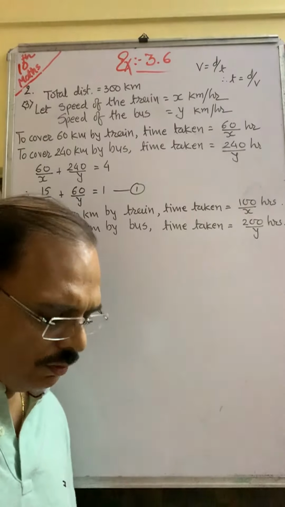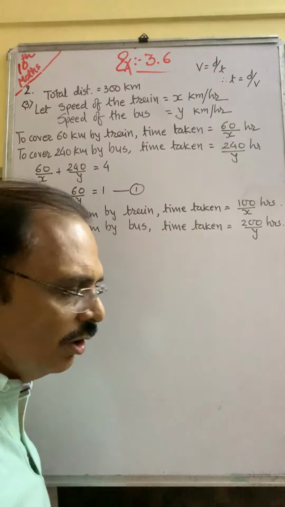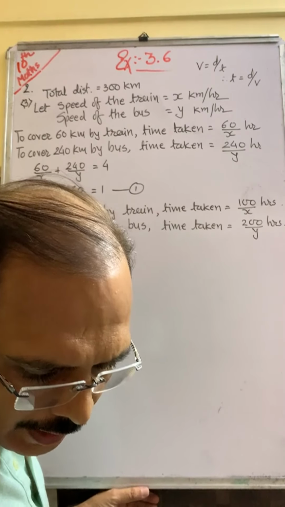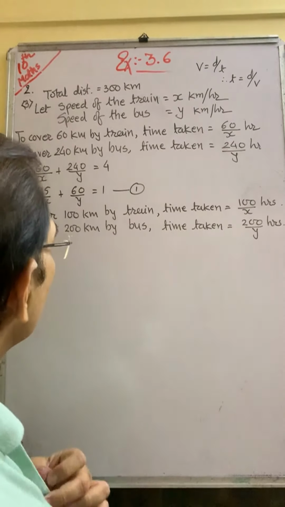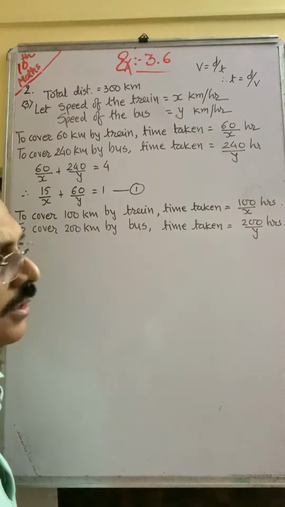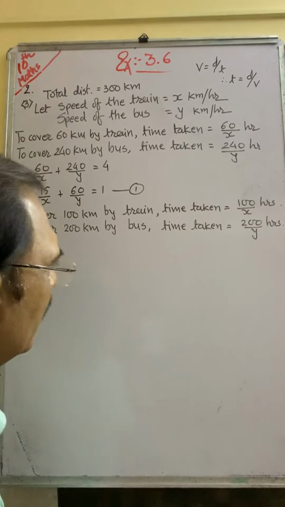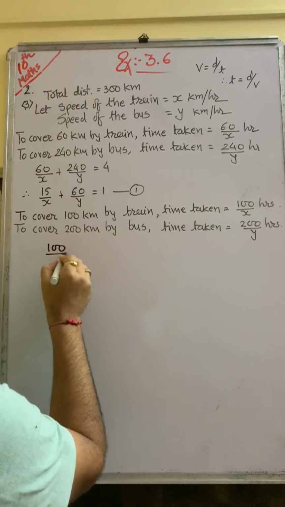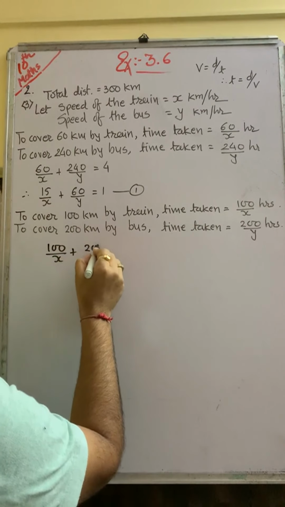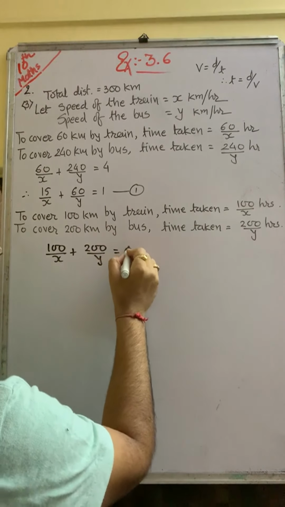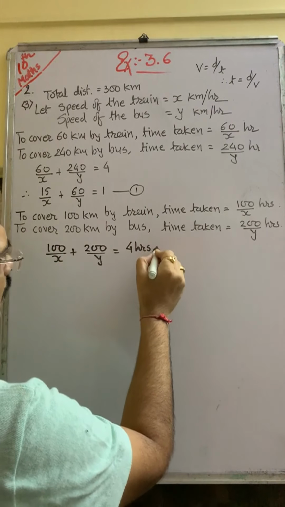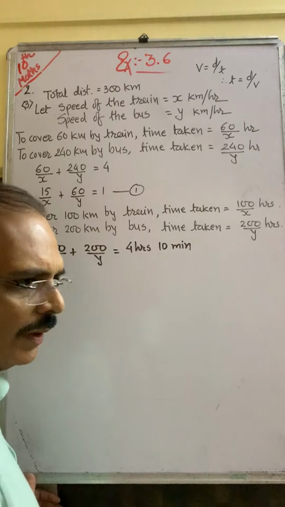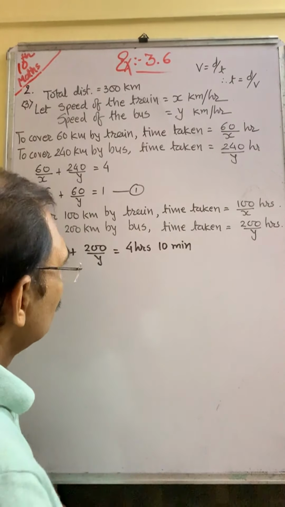To cover this 300 kilometer by this method, she takes 10 minutes more than the previous one. In previous case, she takes 4 hours. Now here 10 minutes more. So 100 upon x plus 200 upon y, that is equals to 4 hours 10 minutes. 4 hours and 10 minutes means how many hours?